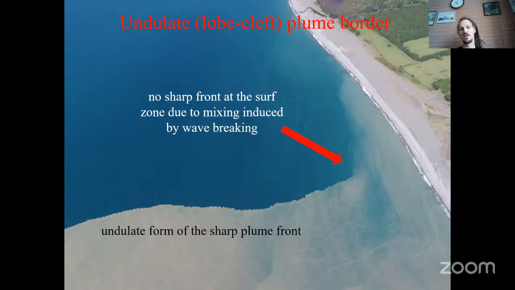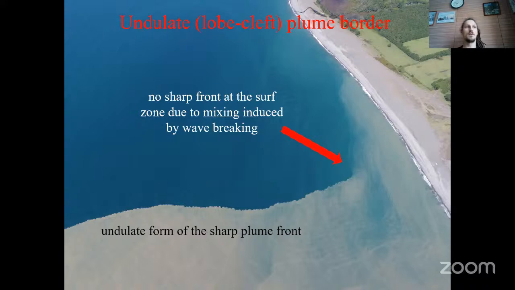But generally, for many small river plumes, satellite data is very useful to get some first impression, first information about the plume. And for large plumes, you have to use sea surface salinity mainly, and also radiometer temperature is useful.